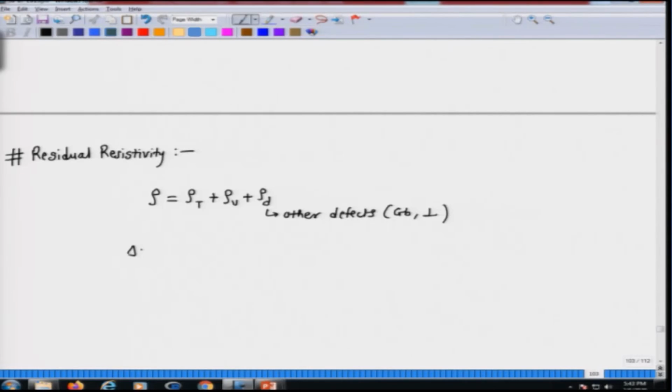So, we basically want delta rho equal to delta rho v, and this is proportional to delta x 1 v.